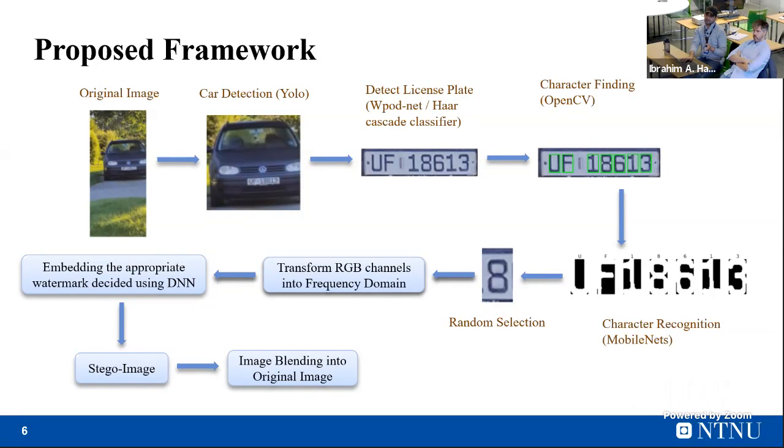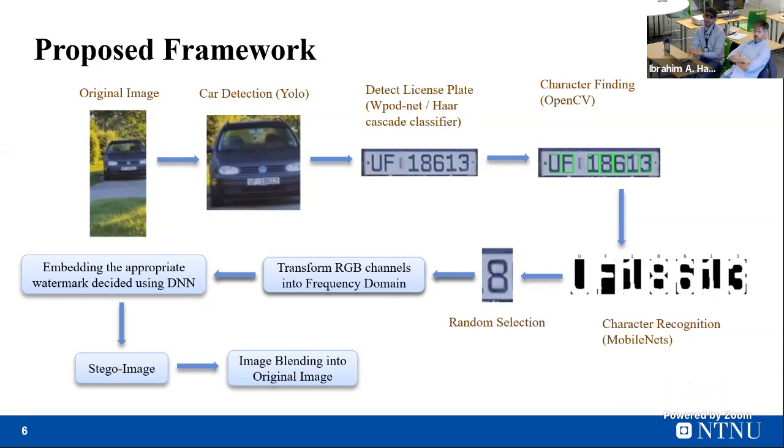Each channel is transformed into frequency and then we add the watermark into each channel. After adding that noise into each channel, we will reconstruct the RGB image from those frequencies, red, green, blue, and after combining that, we will regenerate the character again with some noisy data.